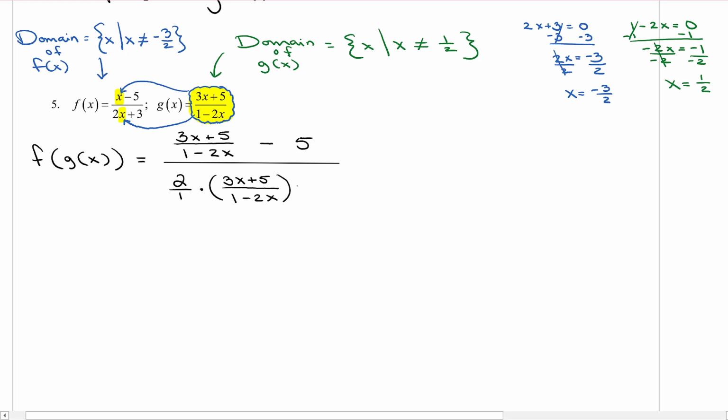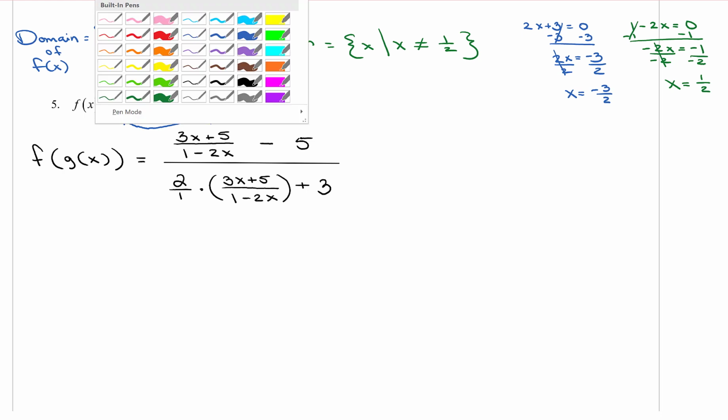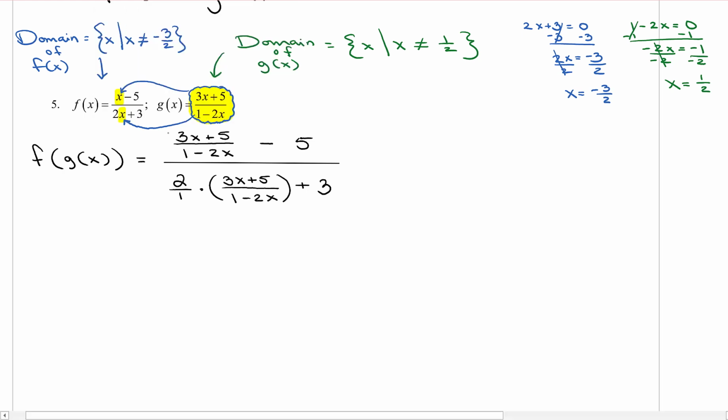I'm going to use the method where I multiply the numerator and the denominator of the big fraction by the LCD, right? The LCD of both the numerator and denominator in this case are both 1 minus 2x. So if I multiply the whole big numerator and the whole big denominator by that 1 minus 2x, it will get rid of my little fractions within the big fraction. So that's what we're going to do.